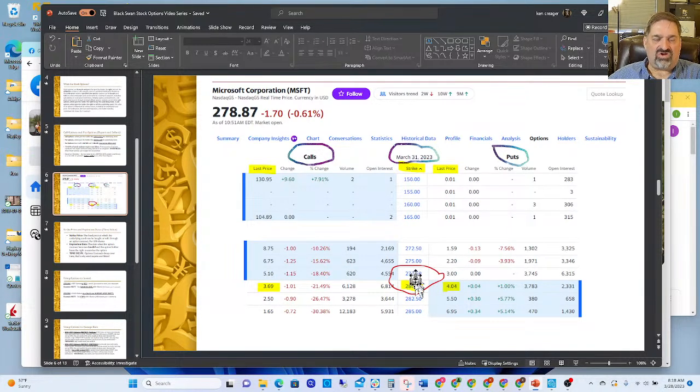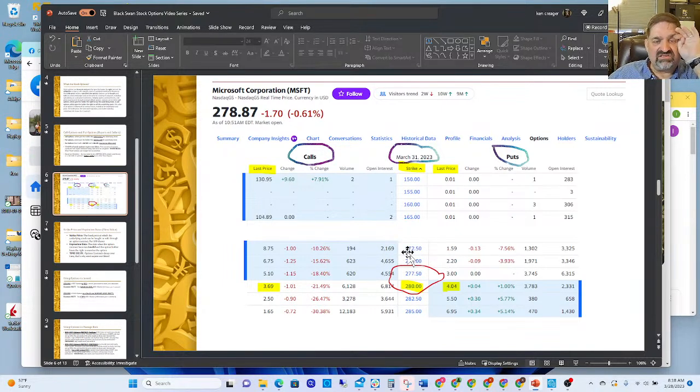The person that bought this call will buy them from me for $280. So I will make $1.13 plus the $3.69 that they already gave me. So I'll make almost $5 a share, right? And so that's one way you can generate income.